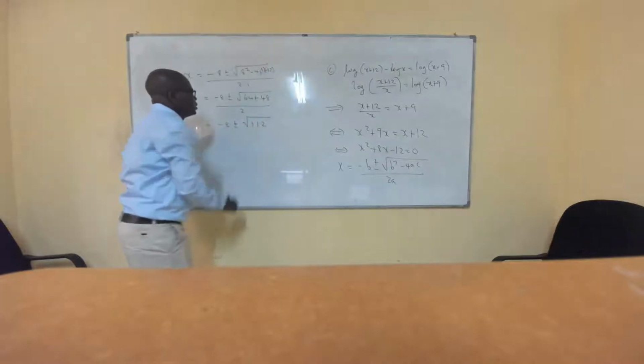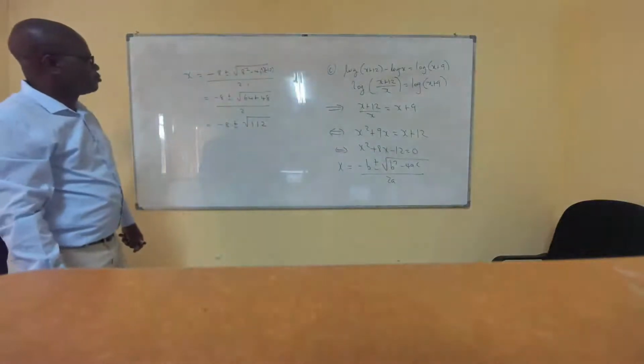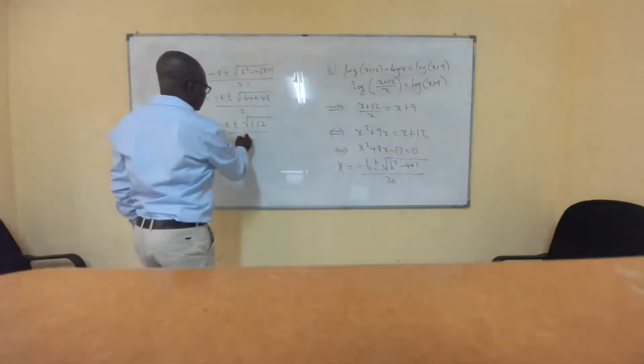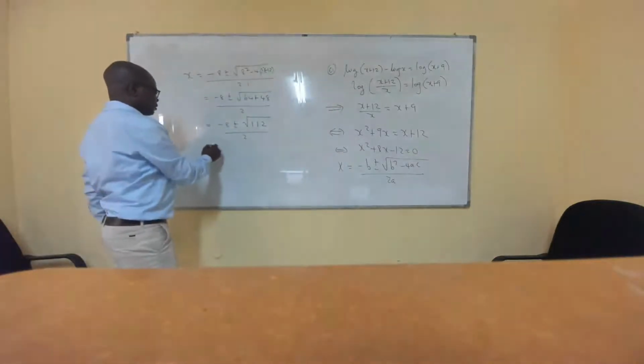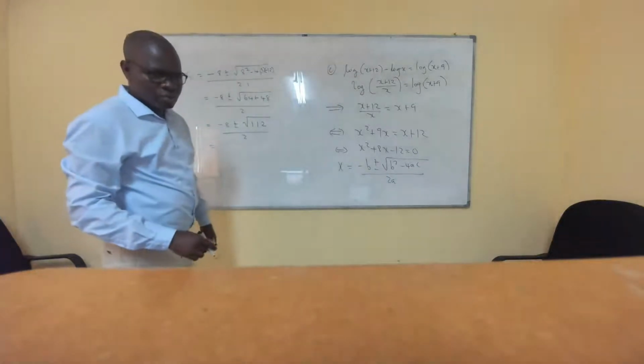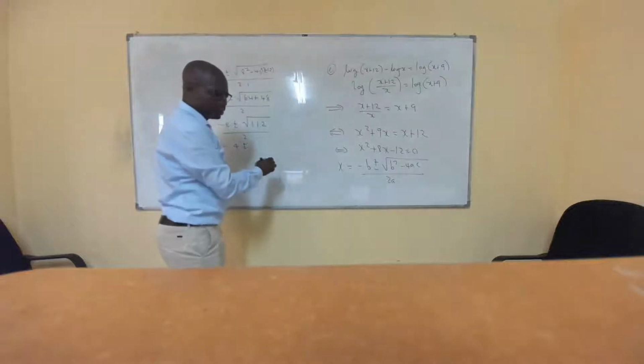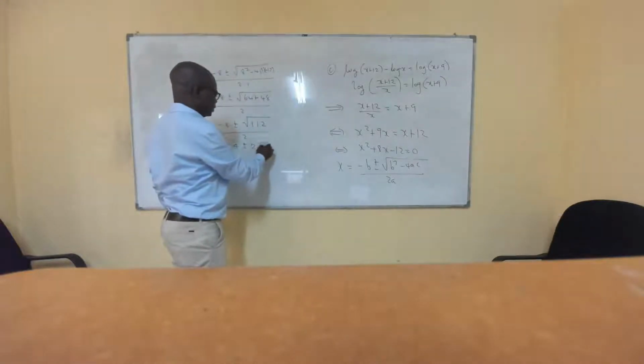That is 112 over 2. If we try to work it out, we get minus 4 plus or minus 2 square root of 7.